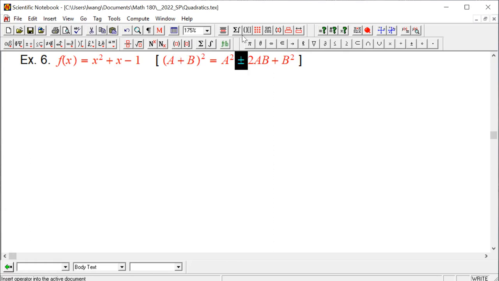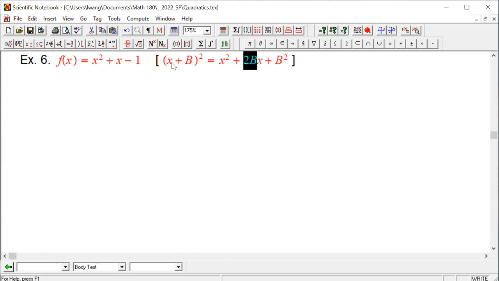So we're going to play with this formula. We have x squared. Our x squared is a squared, so x is a. We don't know b. So 2 times b, do we know 2 times b?